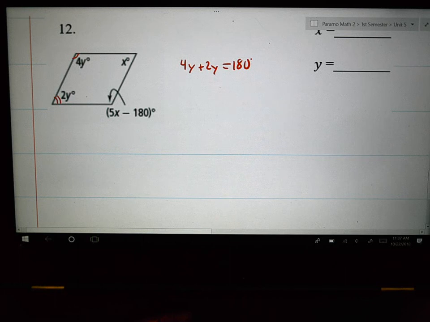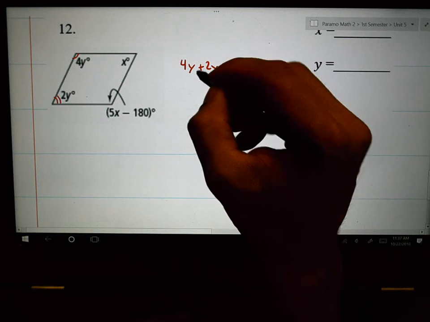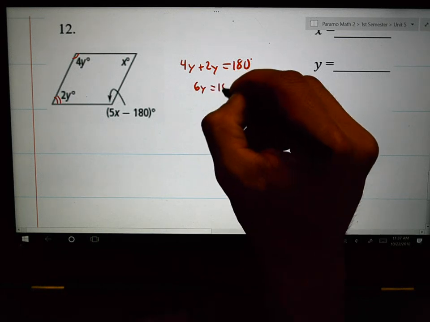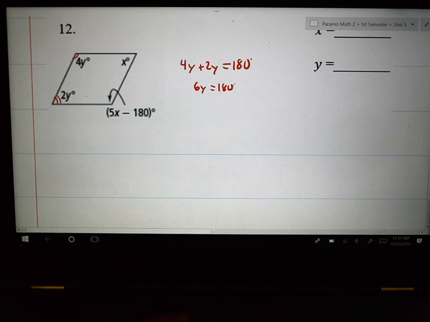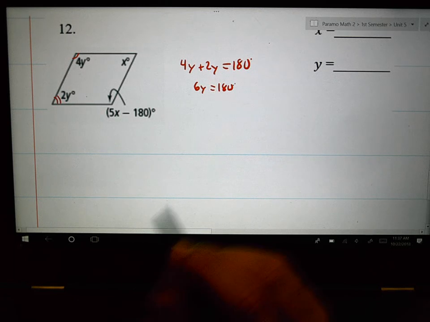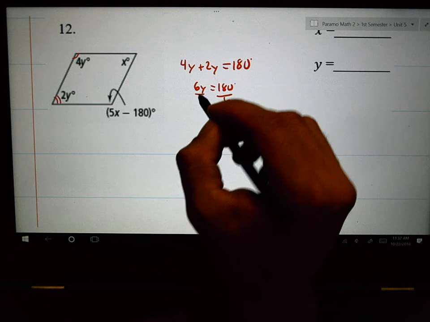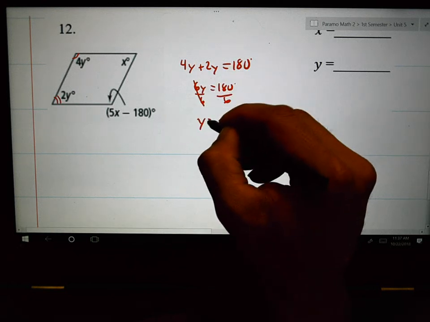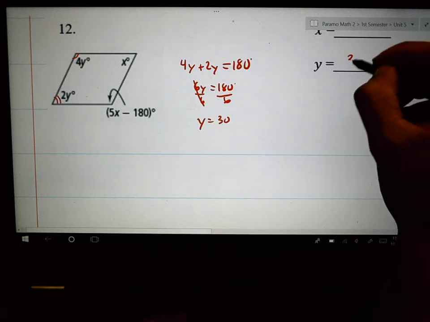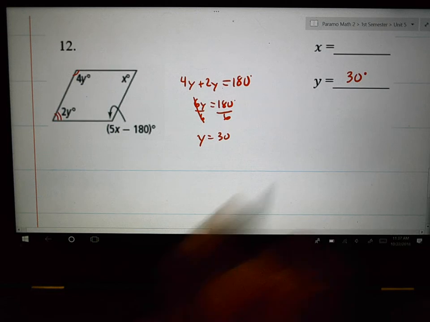We could solve that very easily. 4y plus 2y is 6y equals 180. 6y is 6 times y. The opposite of times is divide by 6. So I'm getting that y is equal to 30 degrees.